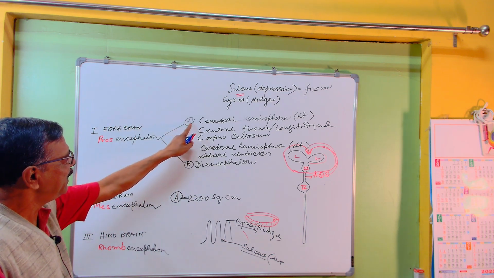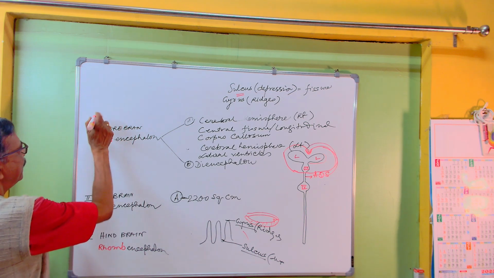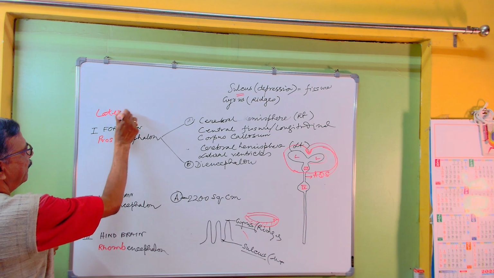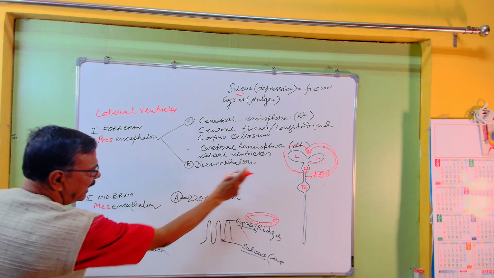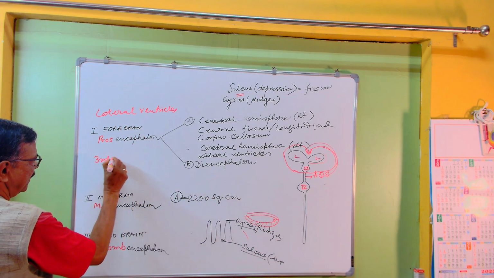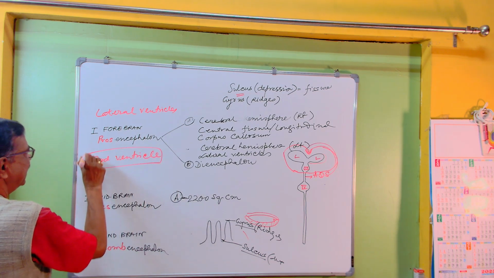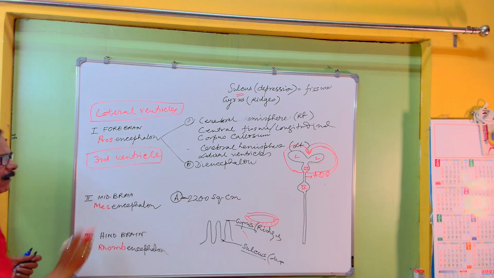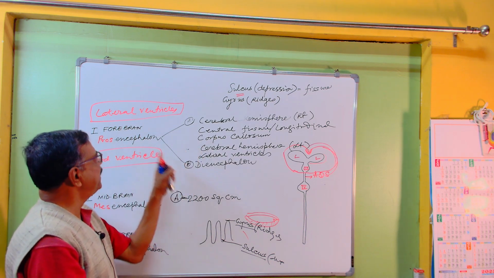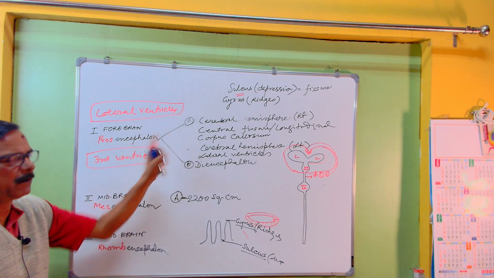That this forebrain contains lateral ventricles, number one, as well as the third ventricle, in the prosencephalon. Clear?